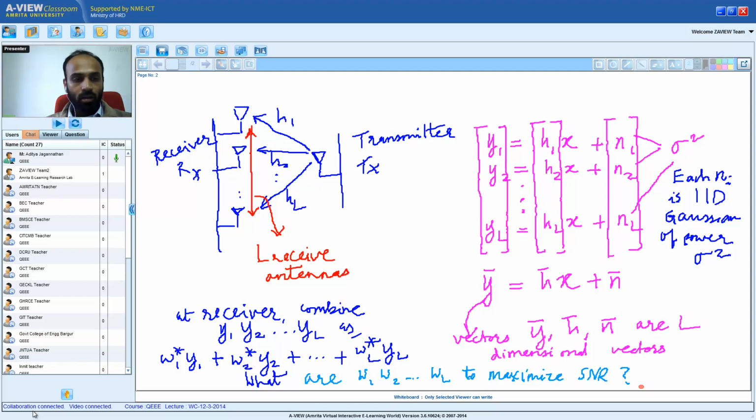Right, the weight vector W bar equals H bar divided by norm H bar.